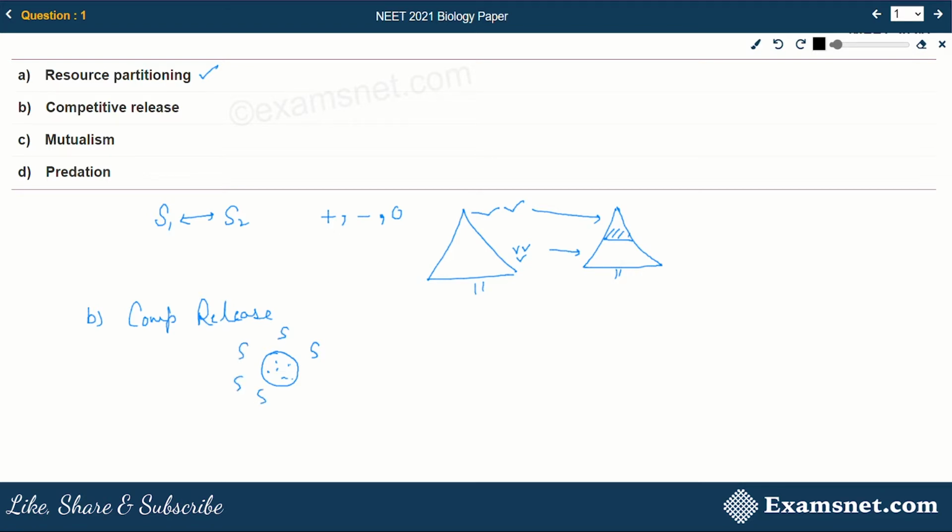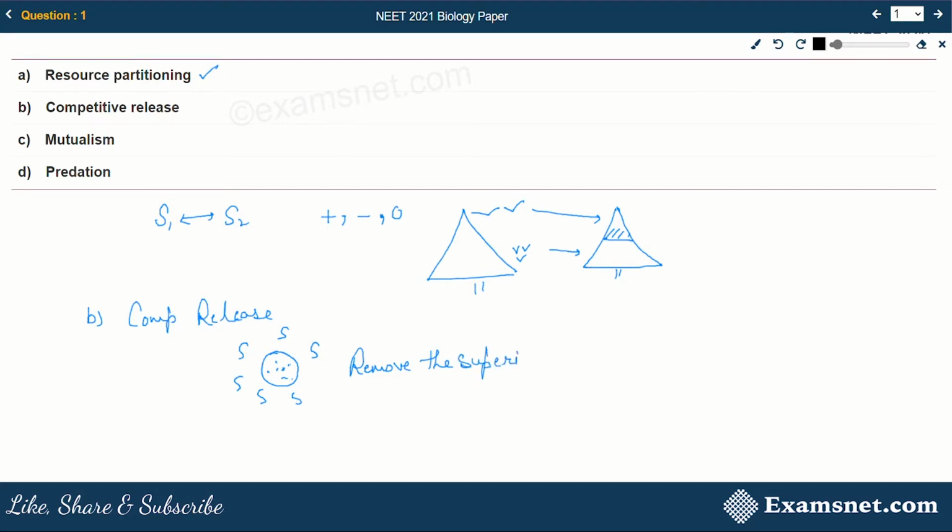Okay, now these less fortunate species are unable to compete with their superior competitors, so they are confined to this small area. Okay, now they can be released from this area only if somehow we remove the superior species.